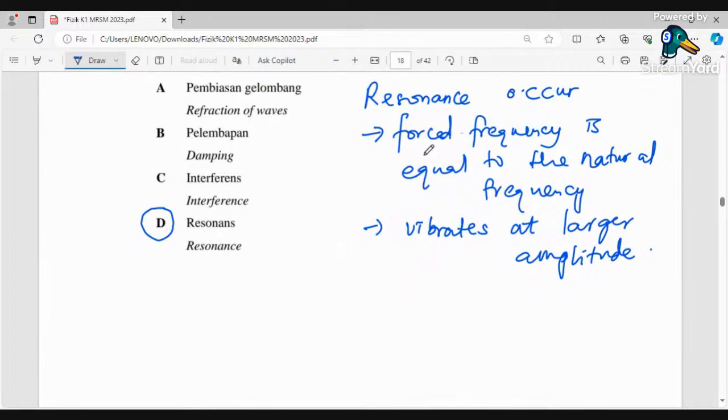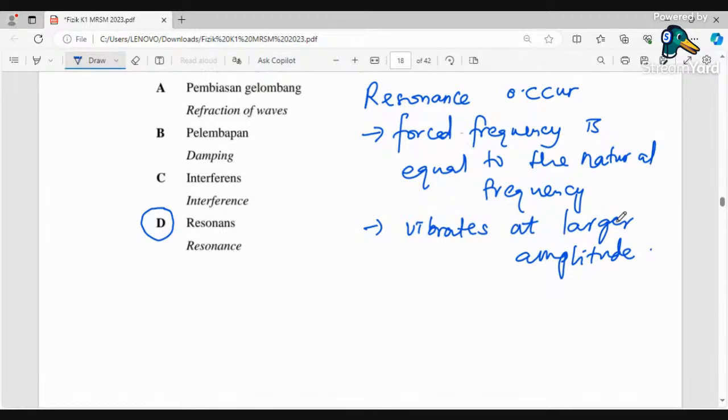Okay, force frequency maksudnya ialah frekuensi yang diterima. Okay, the energy that received by the system. Okay, so when the energy received cause it to oscillate, we call it oscillate at force frequency. And then the system has its own natural frequency. So force frequency equals to natural frequency.